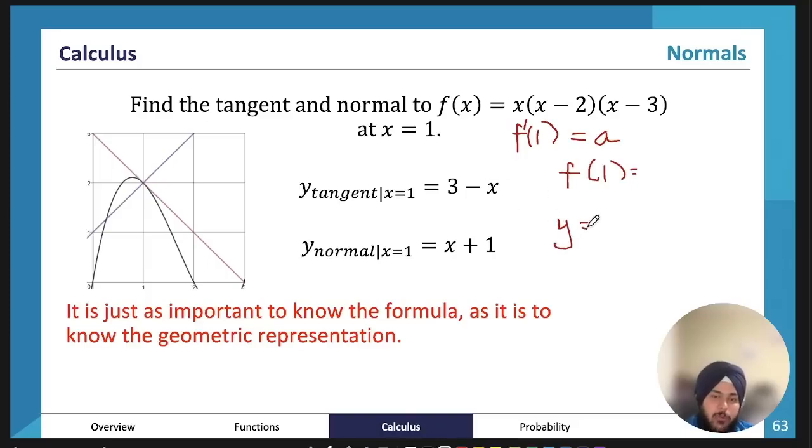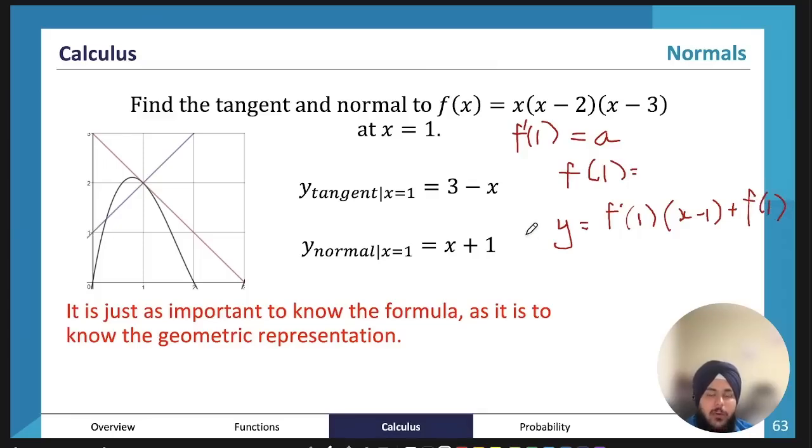y is equal to f dash of 1, x minus x1, sorry, the other way around, x minus x of 1, plus f of 1.